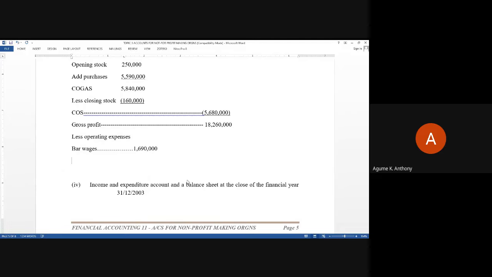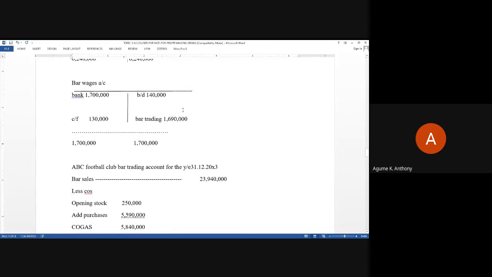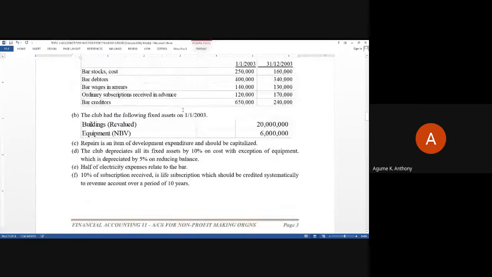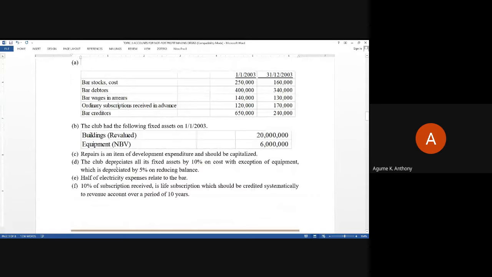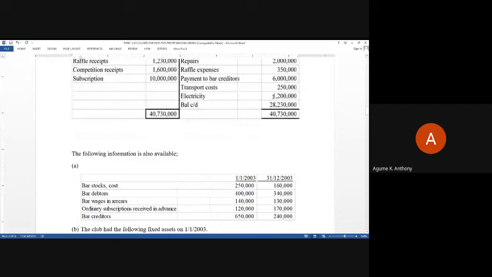Then I have electricity, because what I've charged as bar wages is the one which I determined in the T account. For electricity, you've been given it in the receipts and payment account as 1.2.